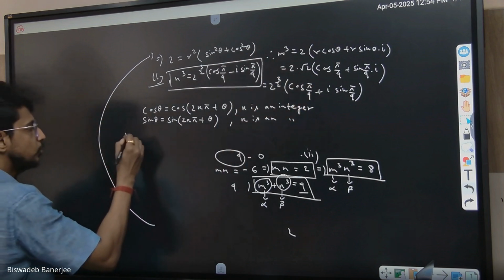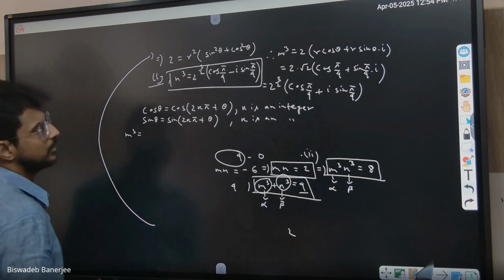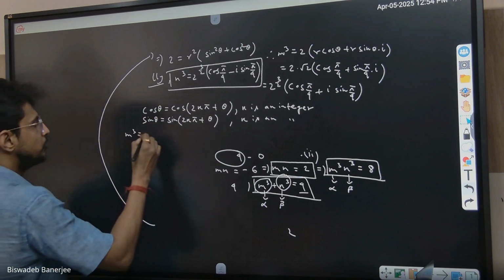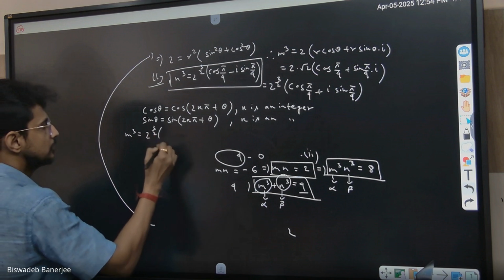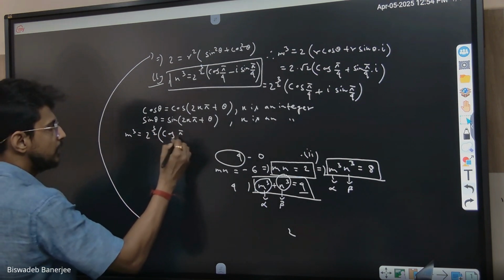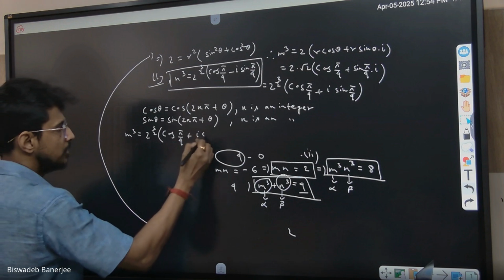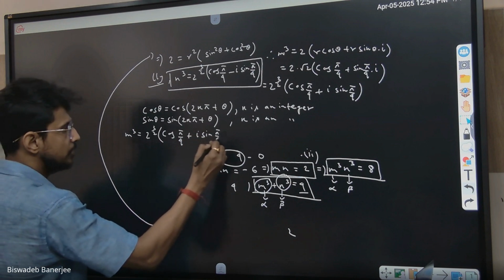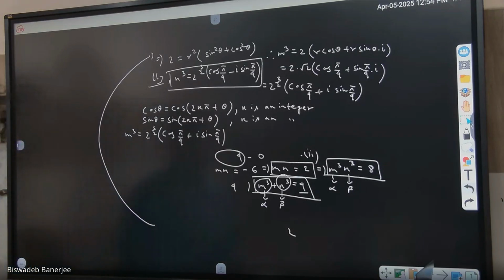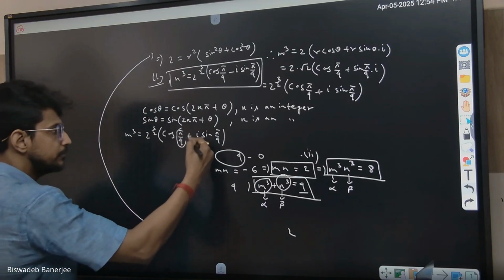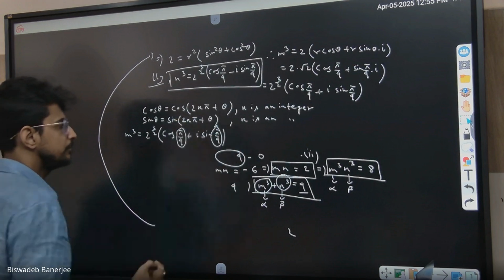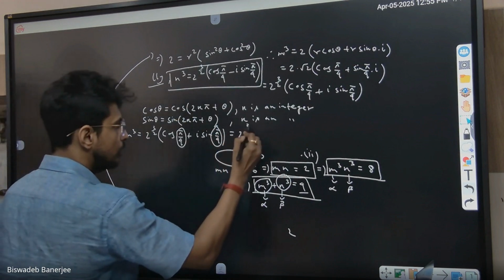What is my m cube? My m cube is 2 to the power 3 by 2 into cos pi by 4 plus i into sin pi by 4. Now, this is my theta. So what is my result?